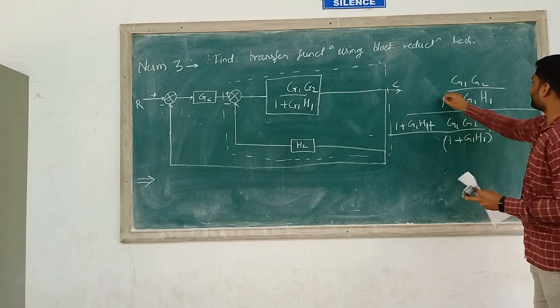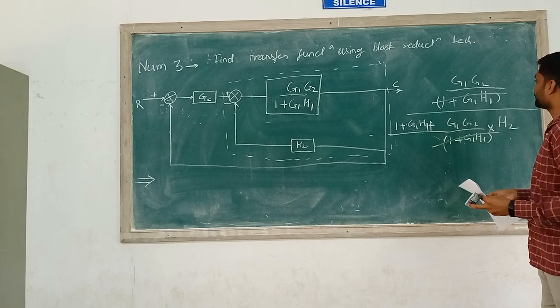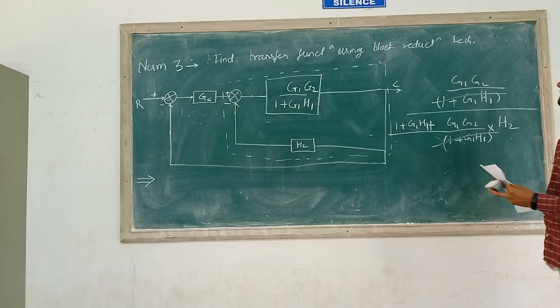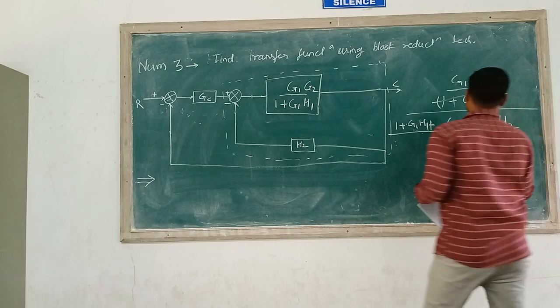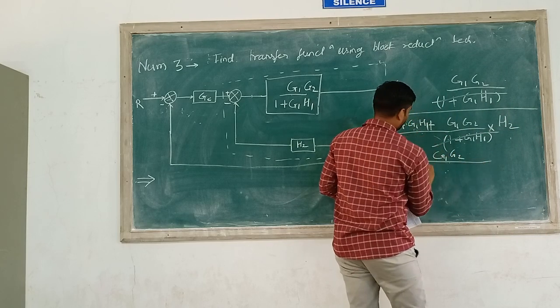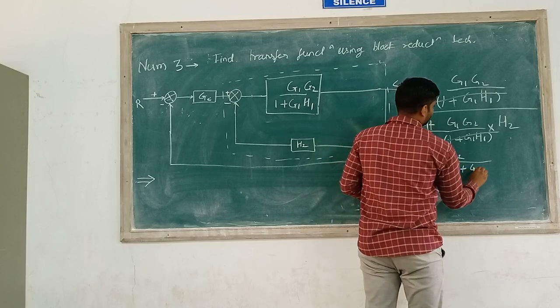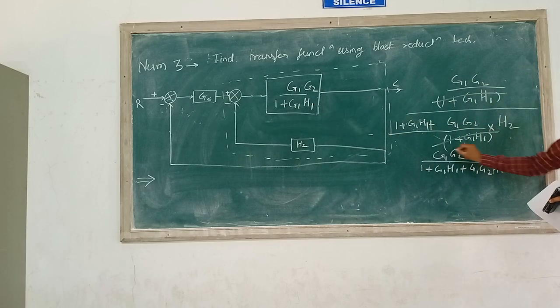Now this denominator and this denominator get cancelled, and we get this value as G1 G2 upon 1 plus G1 H1 plus G1 G2 into H2.